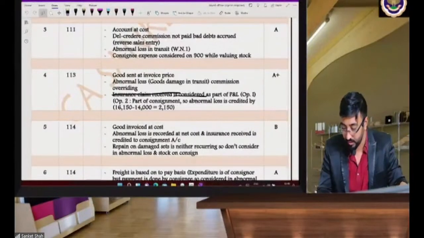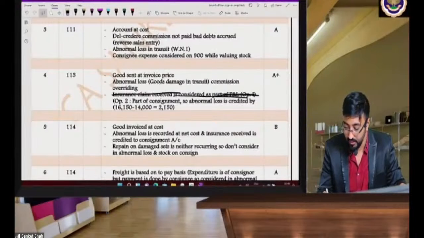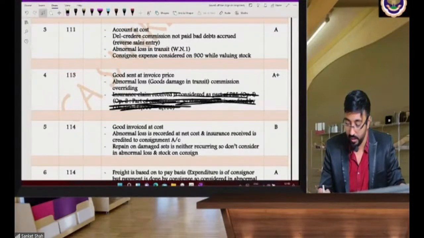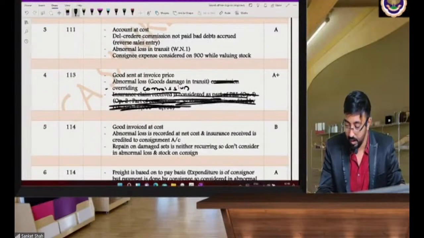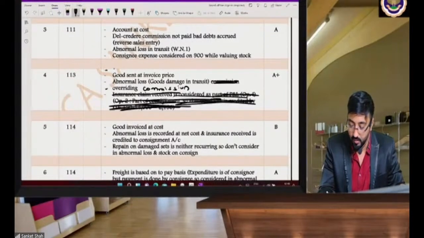They have cancelled it. So this is the last time index. Yes. And overriding commission is the next part. And overriding commission. And one more point. Hidden adjustment for stock on consignment.